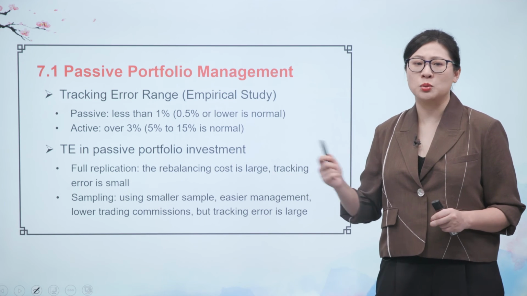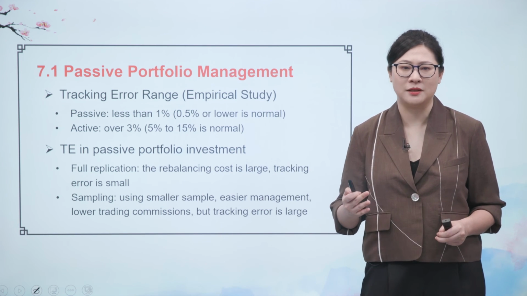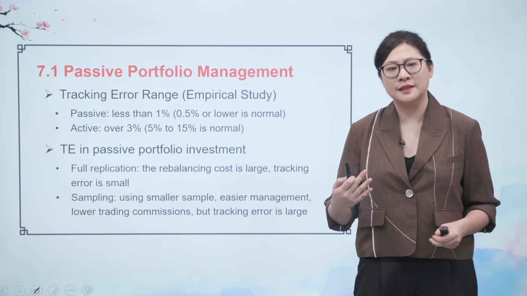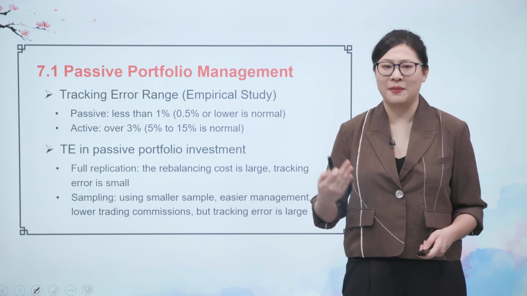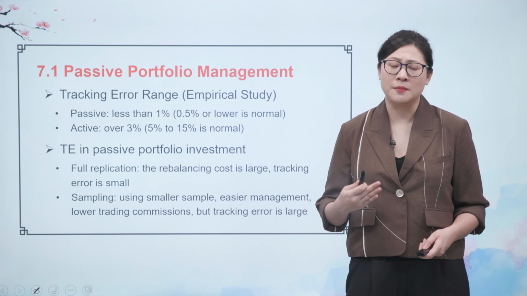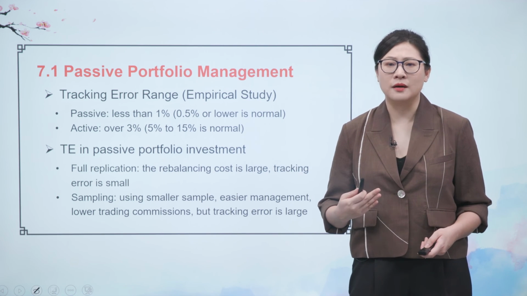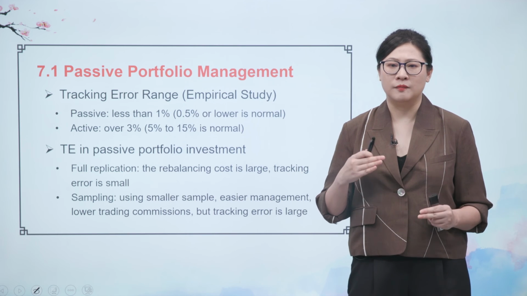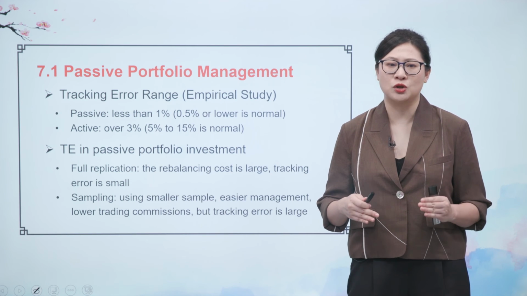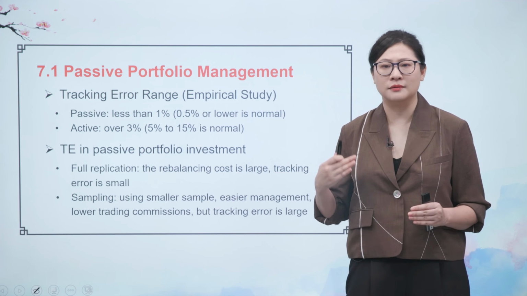And the next point is the tracking error in passive portfolio investment. You can think about the tracking error in a passive portfolio, and we mentioned that all the managers want to minimize the tracking error. However, there is an opposite direction between using full replication and sampling.